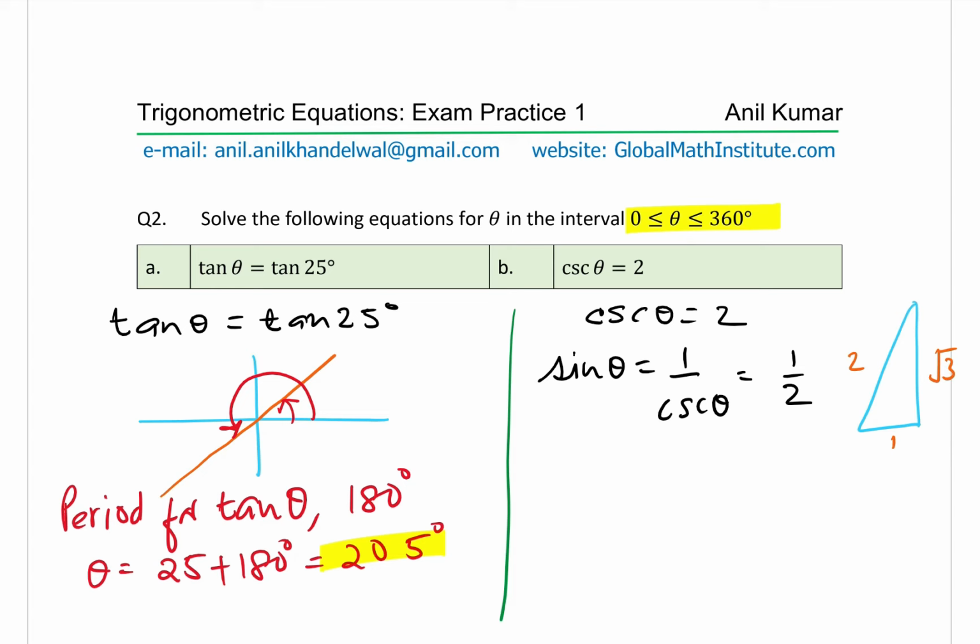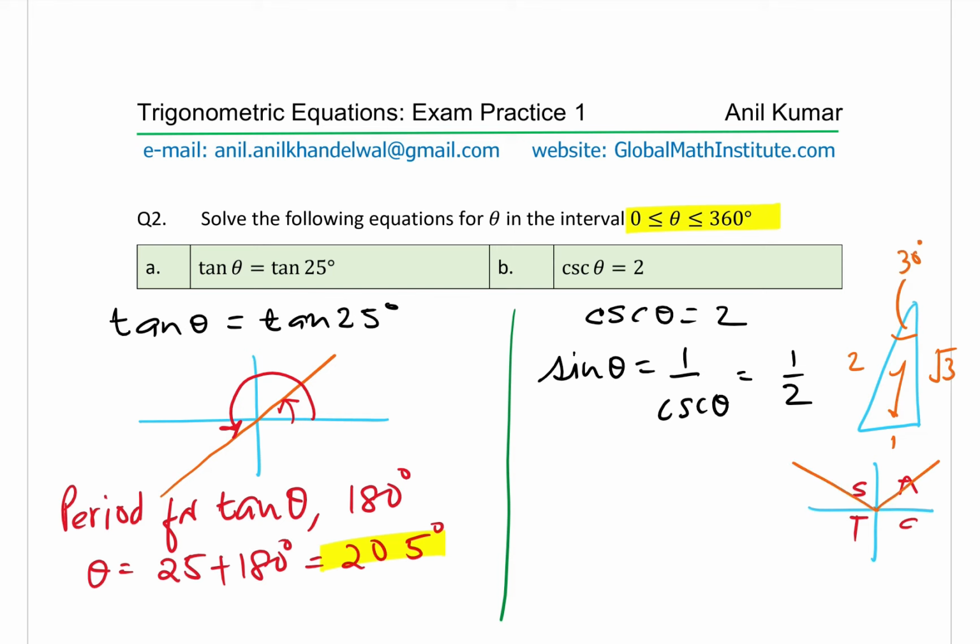The ratio of half for sine means opposite over hypotenuse. We are looking at 30 degrees. So we know that the acute angle is 30 degrees. But there are two answers in the given domain. Again, apply the CAST rule. Sine is positive in quadrant 1 and 2, so we are looking for two answers.